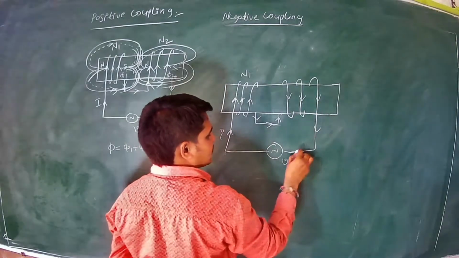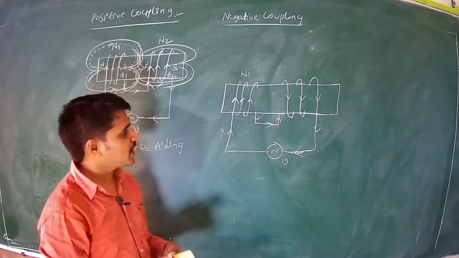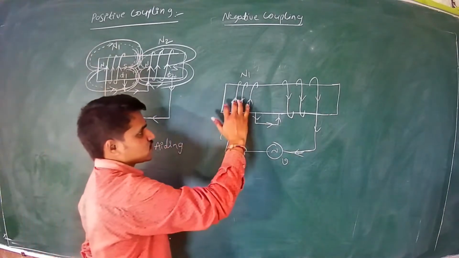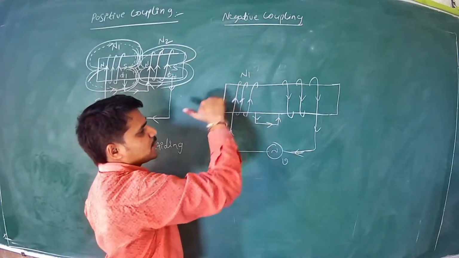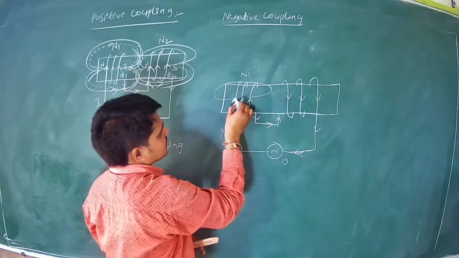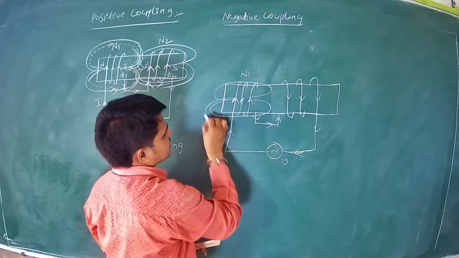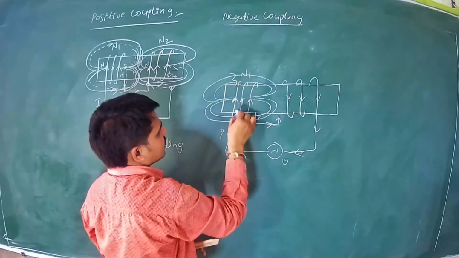Now apply the right hand thumb rule for this first coil: the fingers indicate the current direction and the thumb indicates the magnetic lines of force. This is the flux direction, and let us say this flux is phi 1.